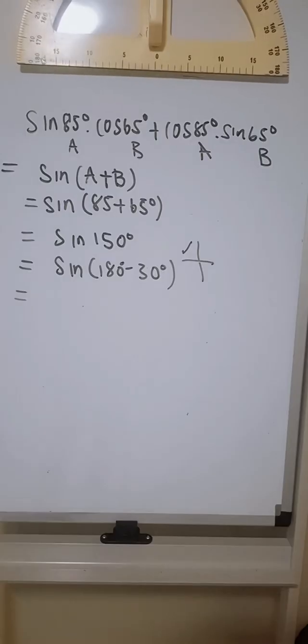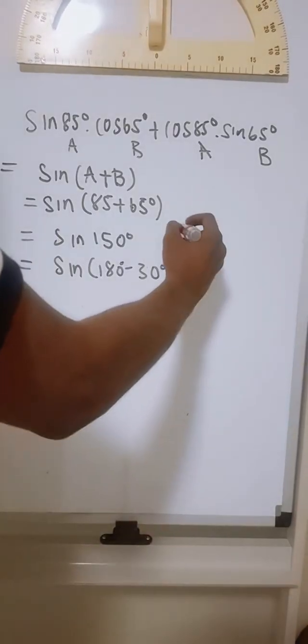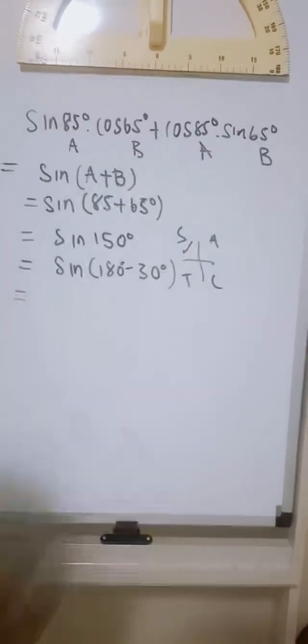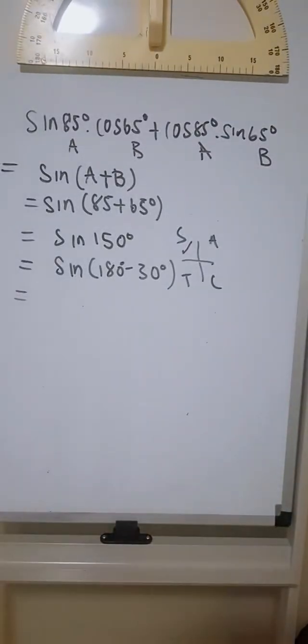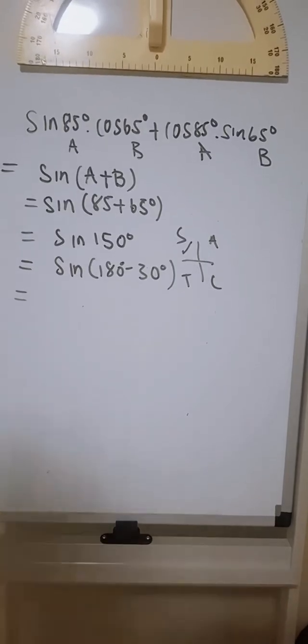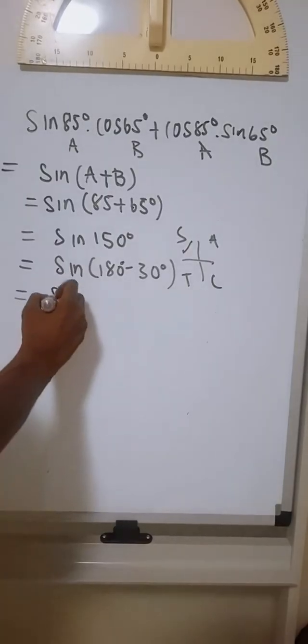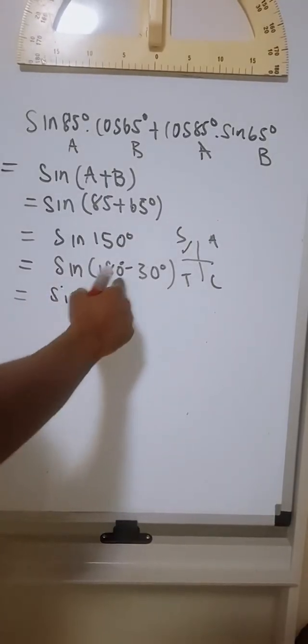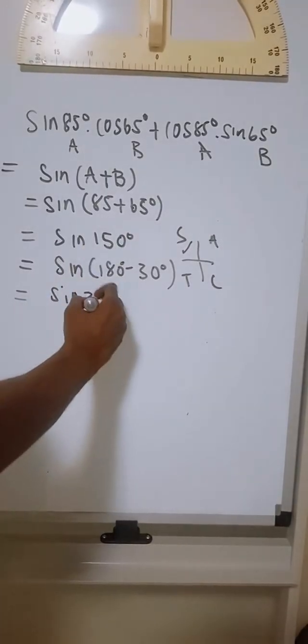Let's not forget ASTC, all students take. How is sine there? Positive. Very good. Sine is positive, so you write sine, and the 180 minus falls away.